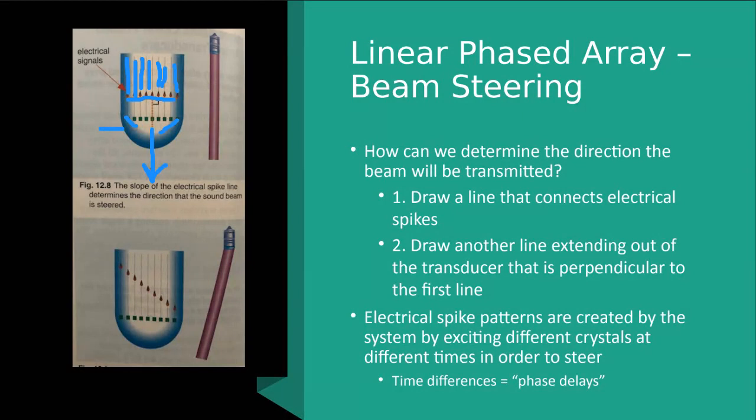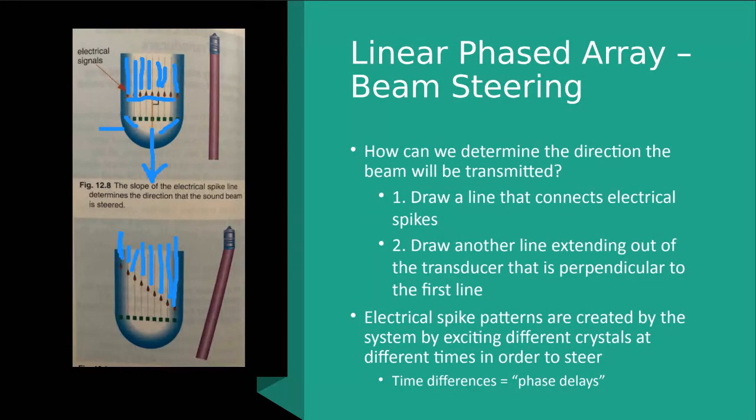Now, if we look at the picture underneath, our system is saying, I'm going to send this electrical signal first, and then immediately after I'm sending this one, and then this one, and then that one, and this one, and lastly I'm going to send this one.